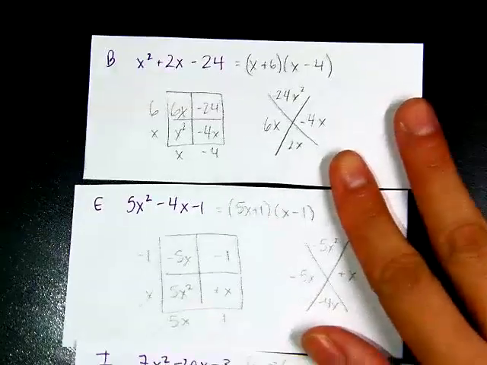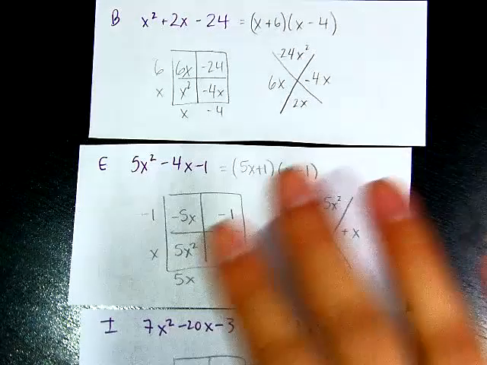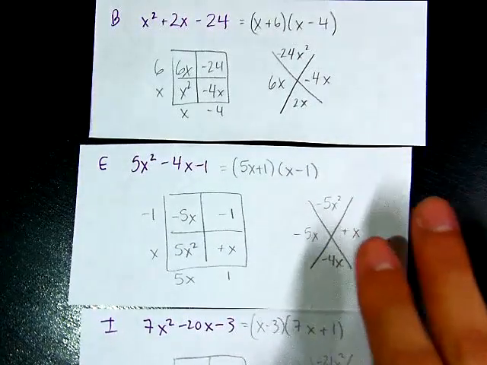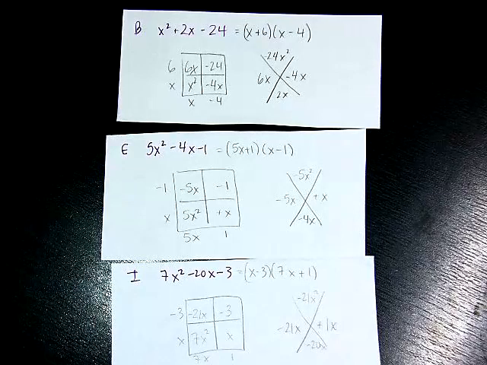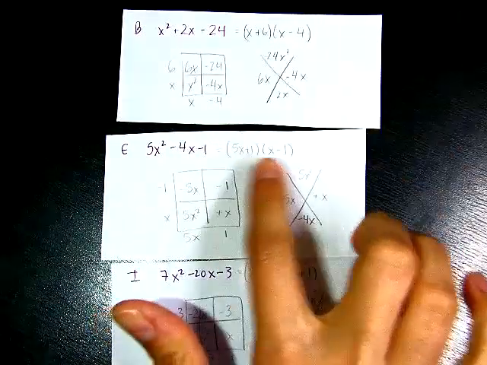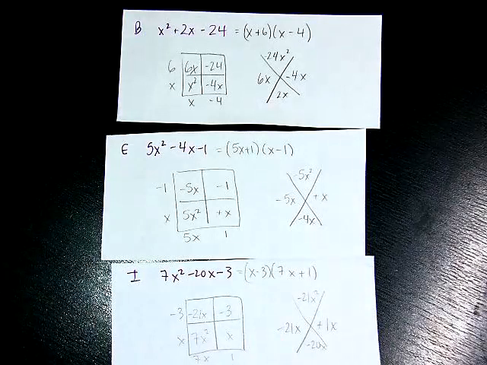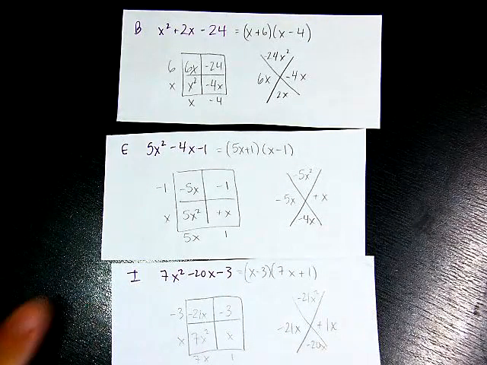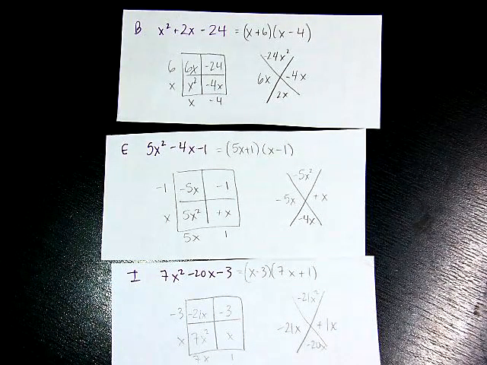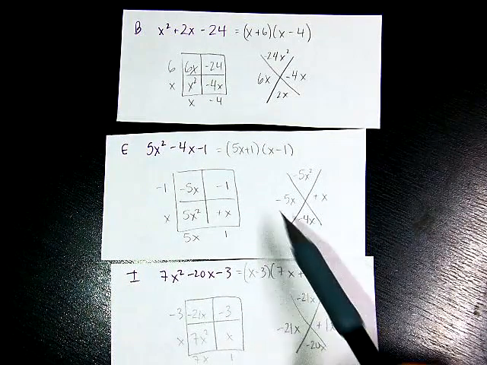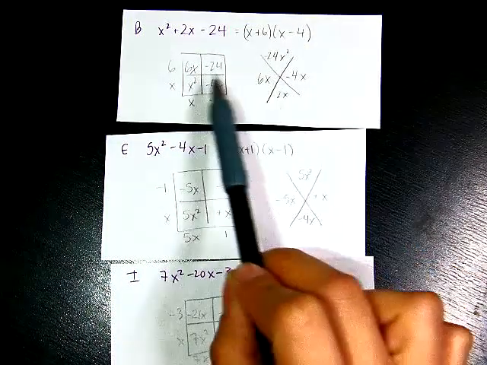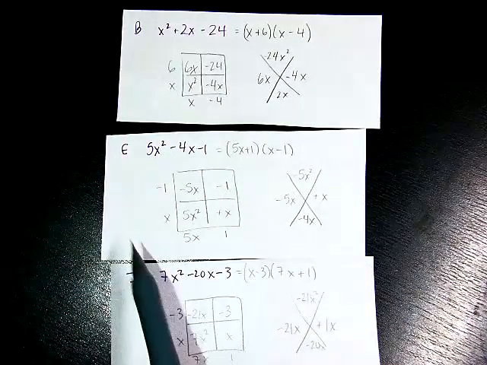I would call these the groups where they're able to be factored, but there's nothing in common between the products. This is B, E, and I. You can pause it here if you need to double check your work, but none of these products have any numbers in common. They were able to be factored and they turned out with different numbers.